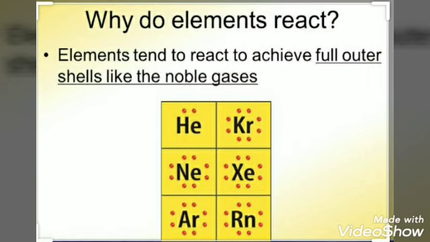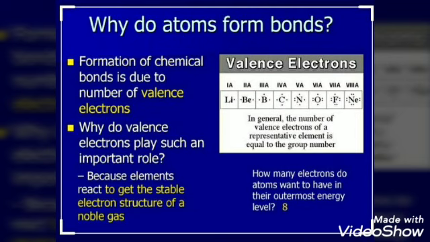So, the atoms combine with another atom to achieve the inert gas electron arrangement and become more stable. So, we can say that atoms form chemical bonds to achieve stability by acquiring the inert gas electron configuration.